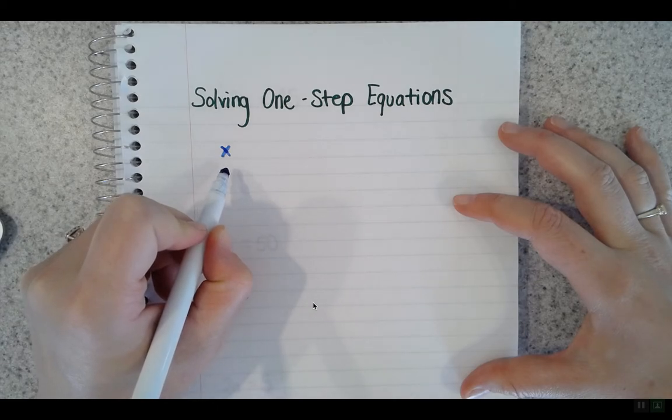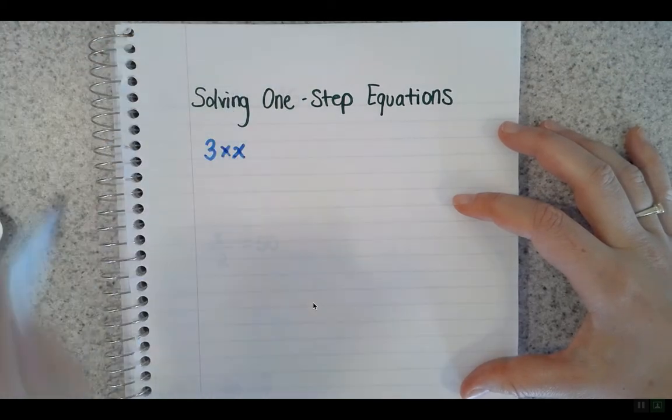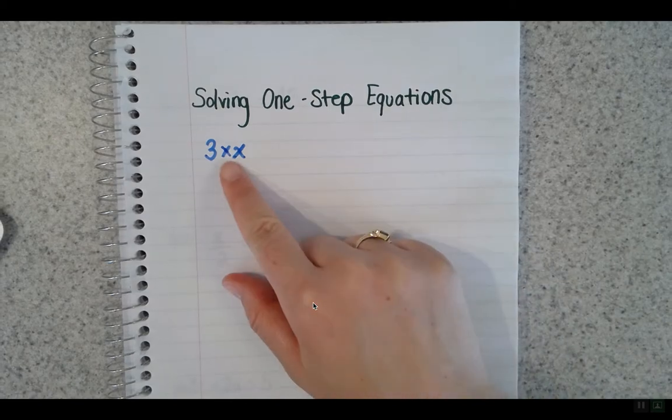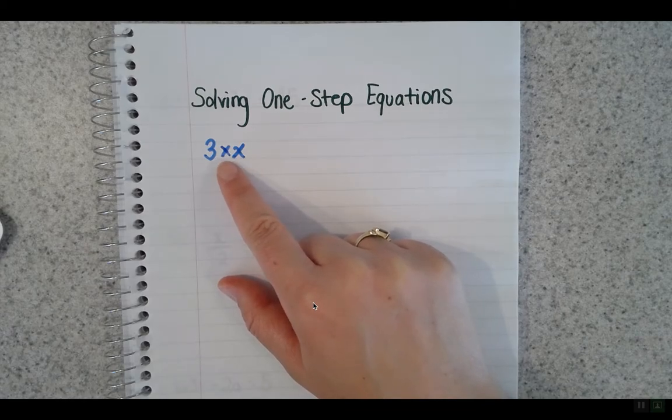Let's say I was writing the problem 3 times x. Doesn't that look kind of funny, having the times symbol and an x right next to each other? This is the reason why the times symbol is no longer used in algebra. It's because it looks too much like an x.